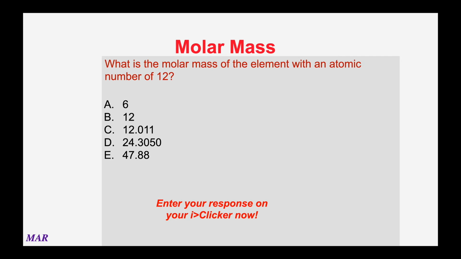For my periodic table here, Mg is 24.31. If you had a better periodic table with more sig figs, it'll be a number better than that. But you can see that the answer here, which is closest to 24.31, is D, 24.3050. So atomic number means number of protons. That's magnesium on the periodic table. And that 24.3050 is the other number that's listed on the periodic table.